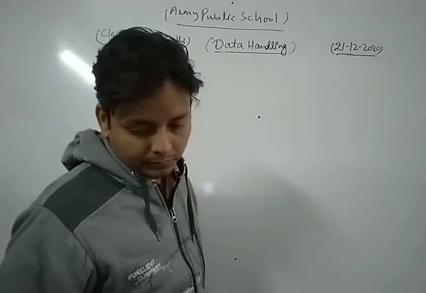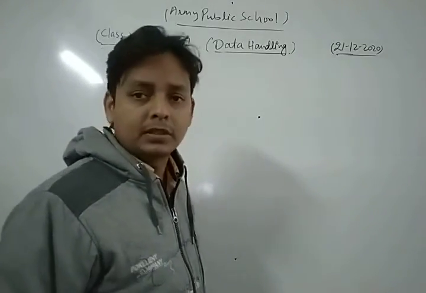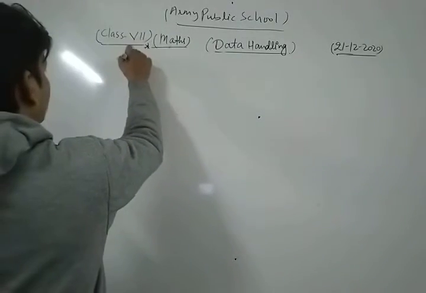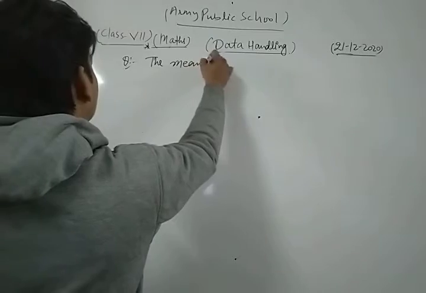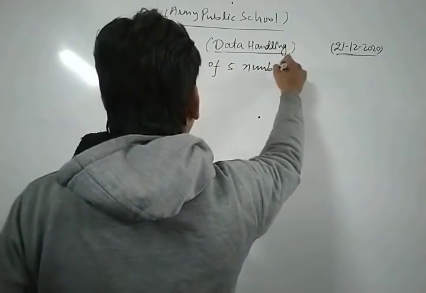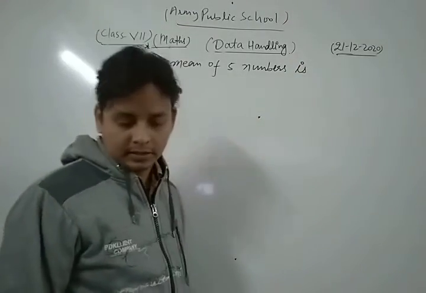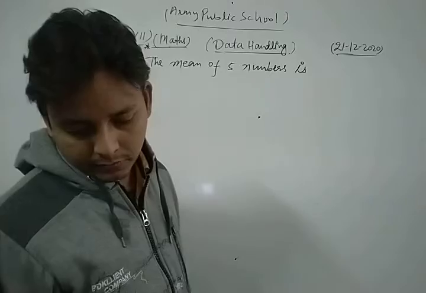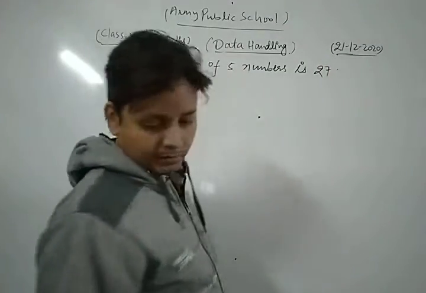Dear student, our question is: the mean of 5 numbers is 27.